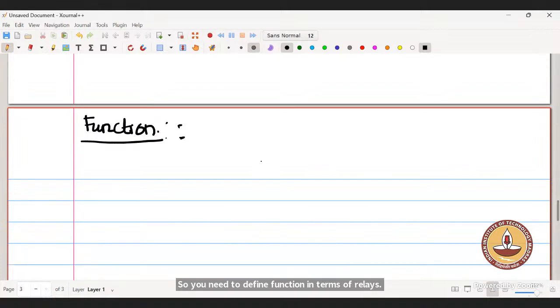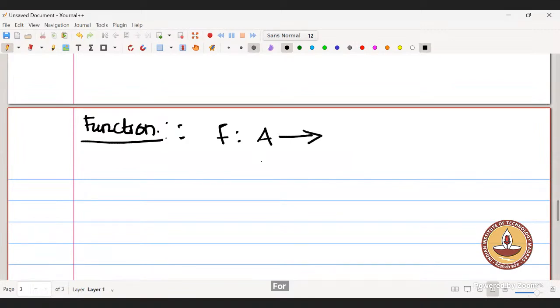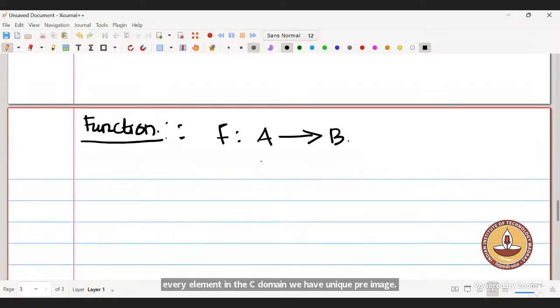For every element in the codomain, we have a unique preimage. Okay, so let me tell you. A function is basically a relation. A function from A to B is a relation from A to B which is not one-to-many, right?